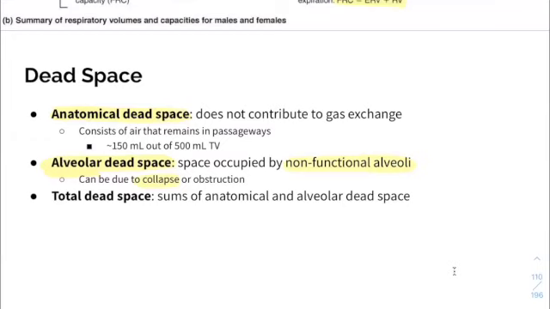Could even be from fluid accumulation in the lungs, like during pneumonia. That's obstructing your alveoli, so you cannot exchange air because there's fluid in those alveoli instead. And then what is the total dead space? We take that anatomical dead space and the alveolar dead space. We add them together, and that is the total dead space of air or places where gases are not being exchanged with the blood.